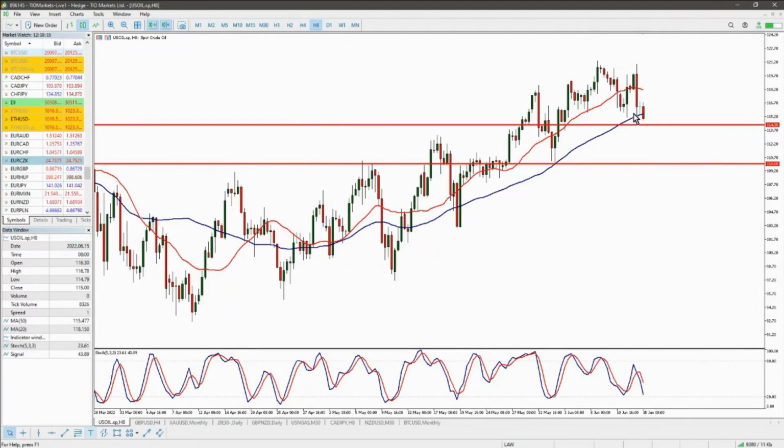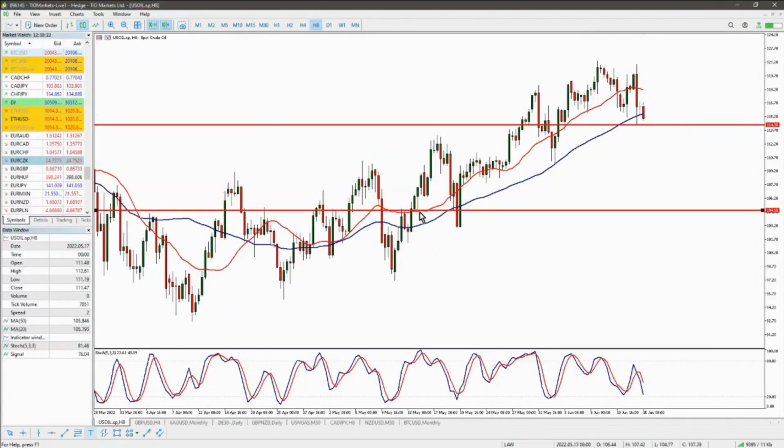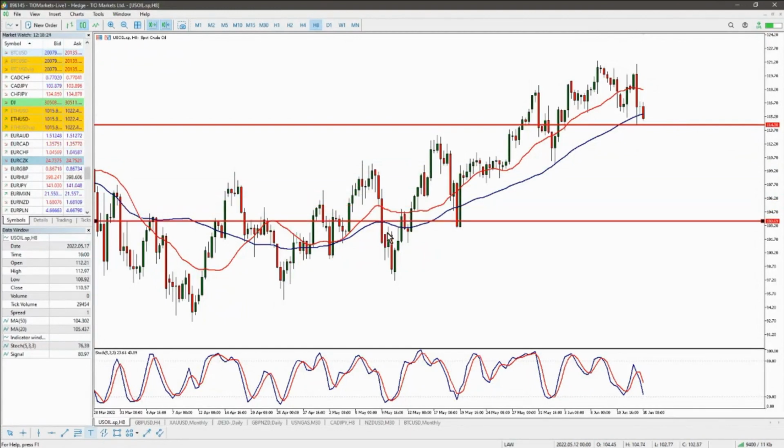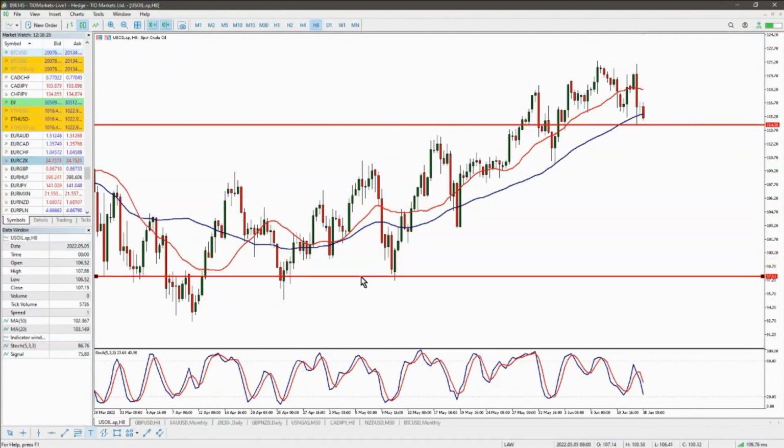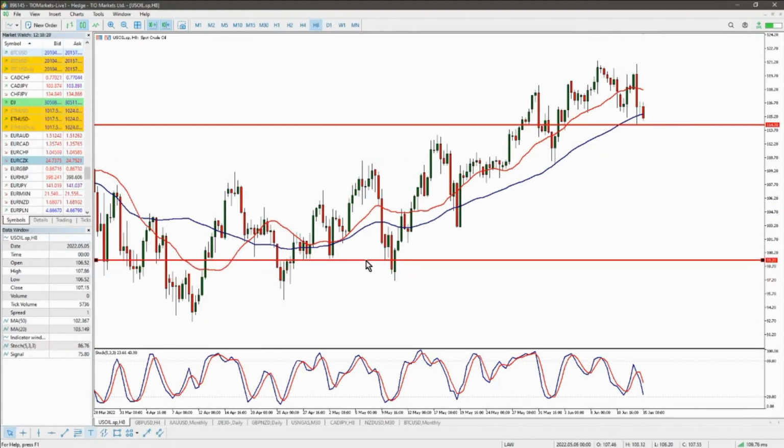And let me see, maybe here's something that could work as an example. Here we have a support at 99.40 or so, and the market moves below it, but then moves above the level and closes up here. This is an 8-hour chart.